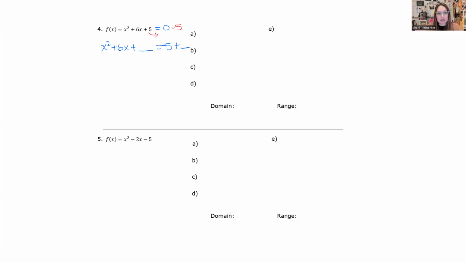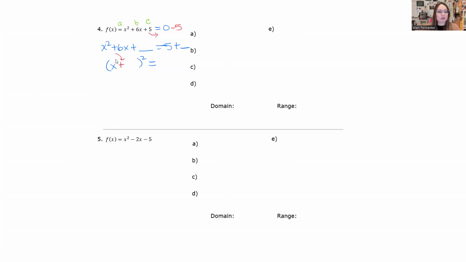And then the next line, in completing the square, I have a, b, and c. What should the sign be in the parentheses? It should be positive because the b value is positive.